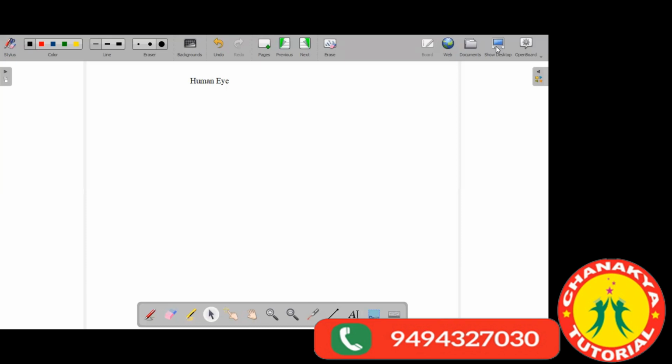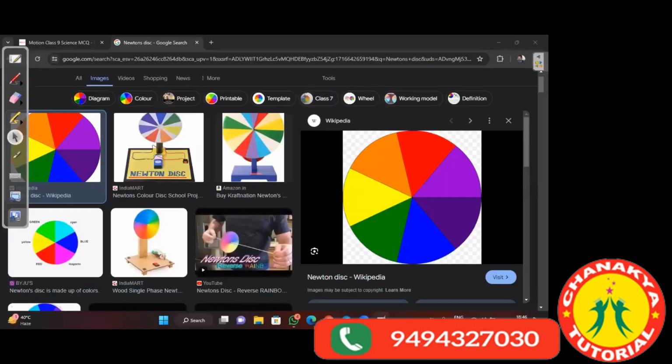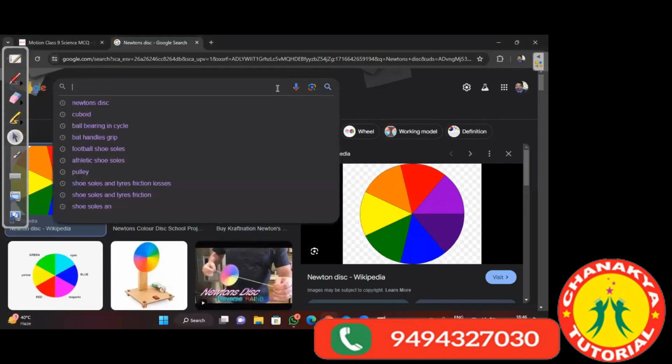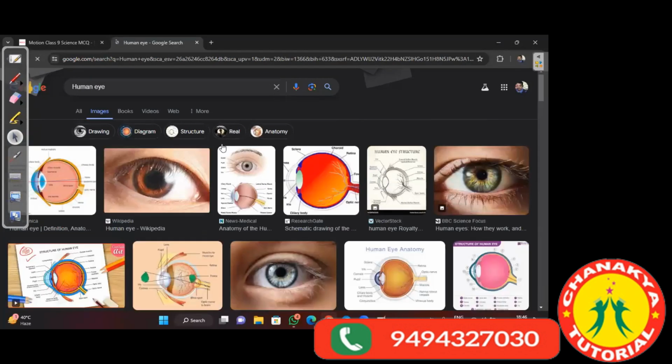Okay, so let us see what all the human eye consists of. Instead of drawing, I will take a picture of the human eye in two ways. There are two ways of viewing the human eye: the one which you see, and the one which is our complete eye. So what we see from the front is this portion.